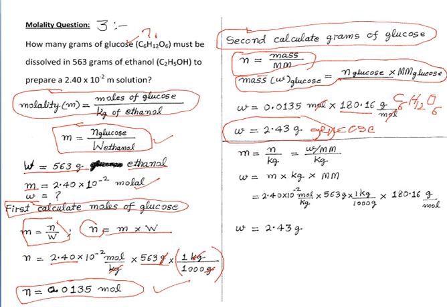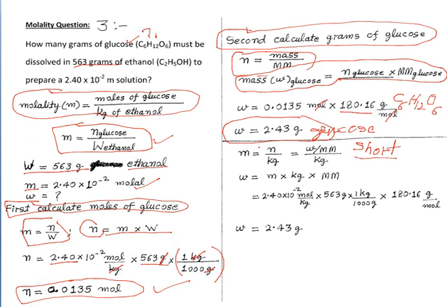So in this way we can calculate the amount of glucose, or the amount of any solute, to dissolve in the given amount of solvent to make the exact molality. And there is another way to solve this question, which I will call the short method.